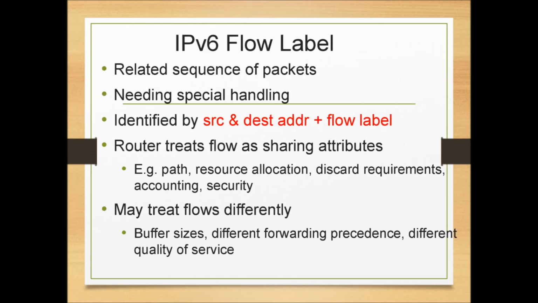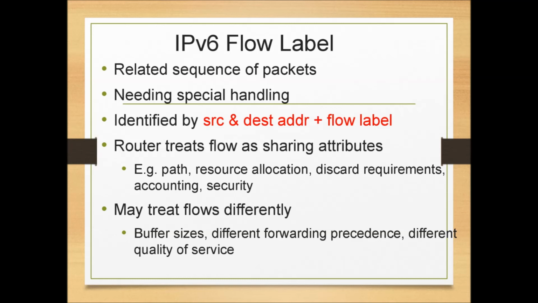IP flow label: a related sequence of packets needing special handling, identified by source and destination address and flow label. The router treats a flow as sharing attributes, for example path, resource allocation, discard requirements, accounting and security. So dear students, this field is normally used for flow control, and flow control is done with the help of flow labels.